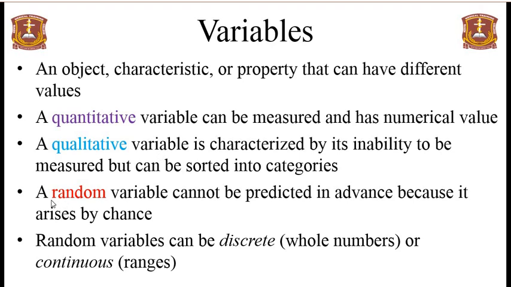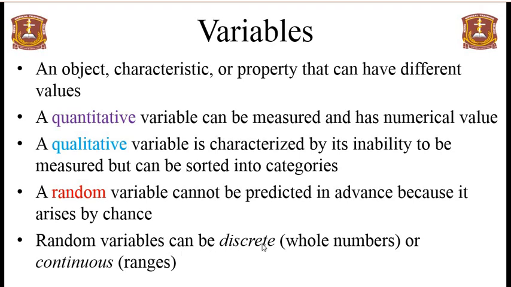Okay. Now, a random variable cannot be predicted. That's a property we can use to describe random variables. You cannot predict them in advance because it arises by chance. No one can give a pattern for chance, unless you get to the levels of doing probability studies and so on and so forth.